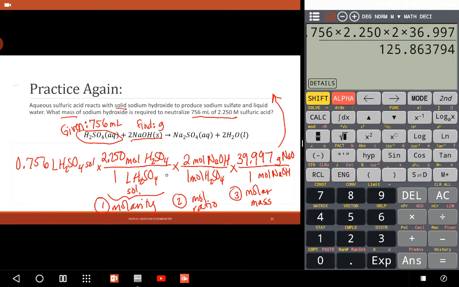And then the denominator here are all ones, and any number divided by 1 is itself, and so I'm skipping all the divided by 1s and all the times 1s. And so that is 125.863 grams. And I'm going to need 3 sig figs because the 756 only had 3. And so that's going to round to 126 grams of sodium hydroxide.